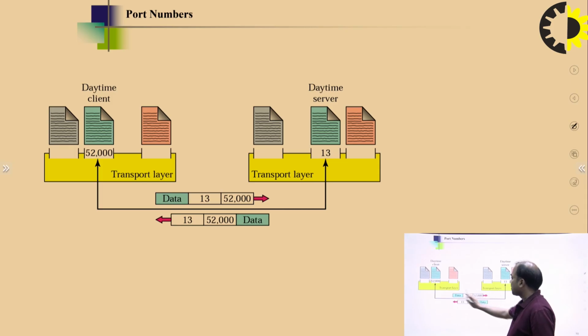When the daytime client sends data, it encapsulates the data in a packet with the port number of the receiver and the port number of the sender. First we write the port number of the receiver, then the sender's port number. Again at the sender's end, we send the data, then the port number of the receiver and the port number of the sender. This is how the port number is responsible.